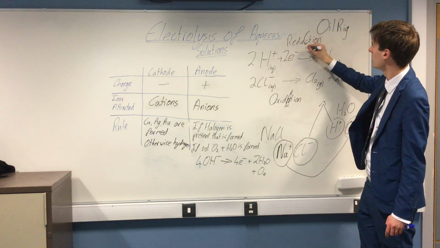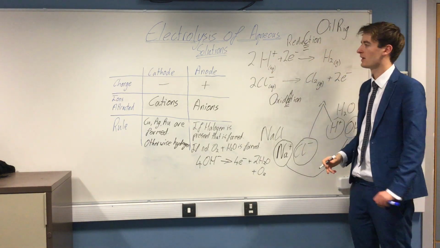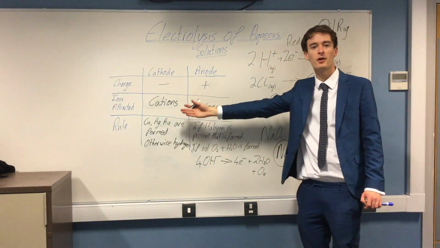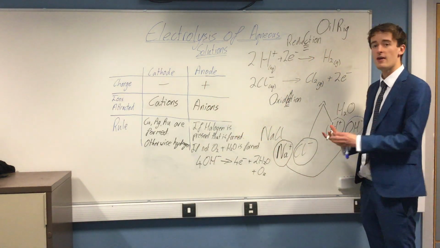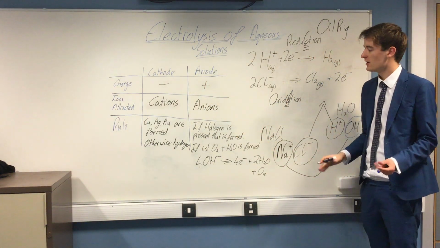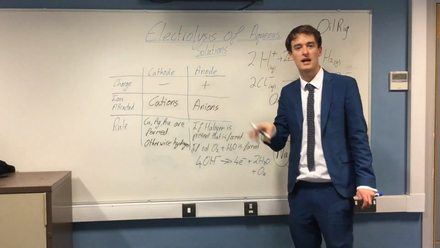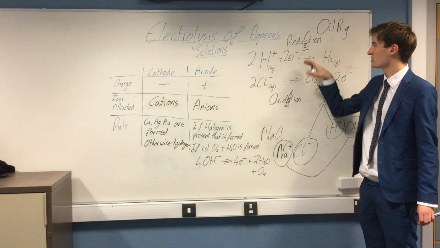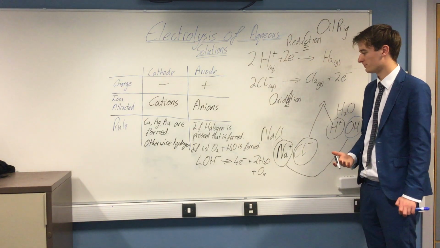Reduction has a C in the middle of it. I like to think of this as standing for cathode, because reduction always takes place at the cathode. Therefore, in an exam, if you're stuck, so long as you know what will be formed at the cathode and the anode, you can use this cheat method of saying what is oxidized and what is reduced.